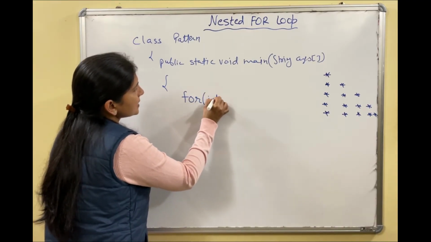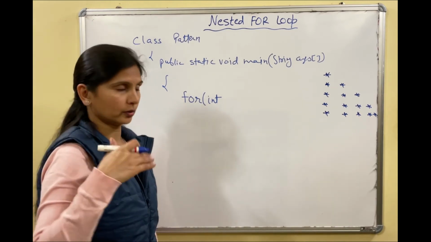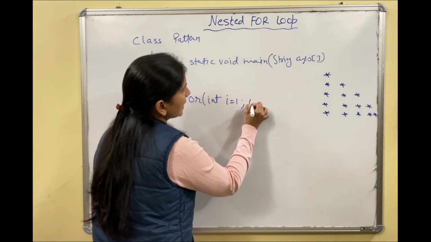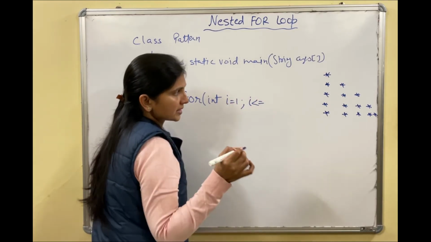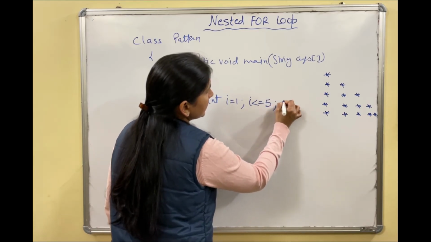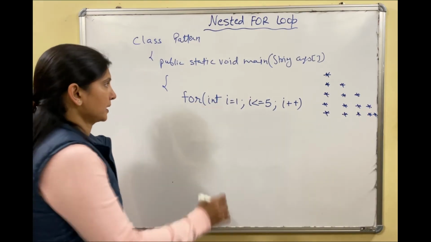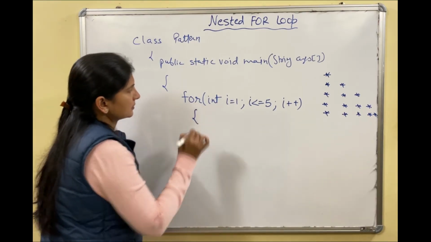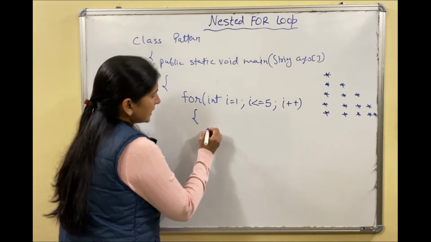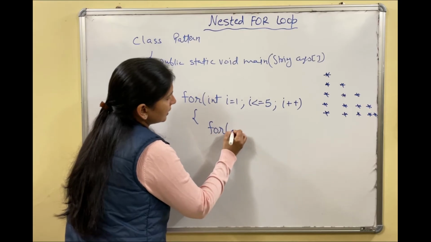First the outer loop we are talking about, and the outer loop we use for rows. So int i equals to 1, i less than equals to how many rows are there? 5 rows. So i less than equals to 5, i plus plus. Right? Now, this is the opening brace of the outer loop. Now inside the outer loop, we will use the inner loop for columns.